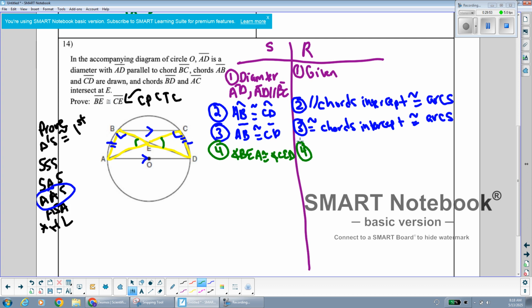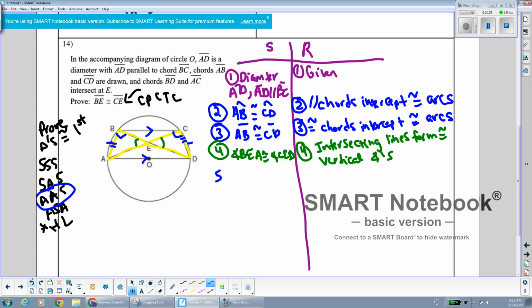Vertical angles are formed from intersecting lines. So technically, you do have to write intersecting lines form congruent vertical angles. And we don't want to give anybody a reason to take off points for something that we know on the Regents exam.